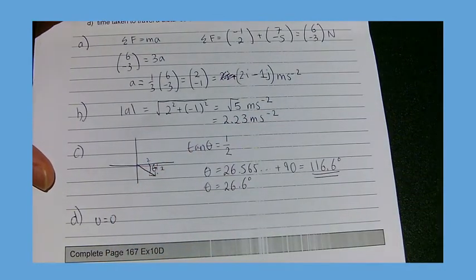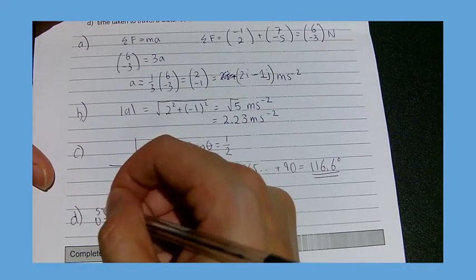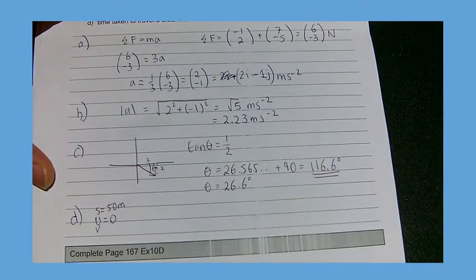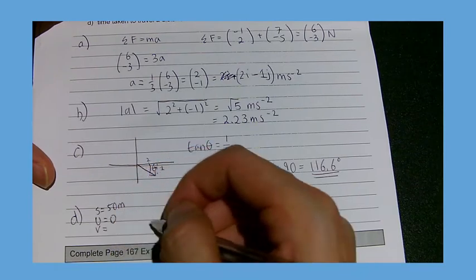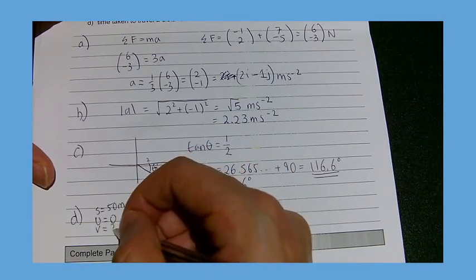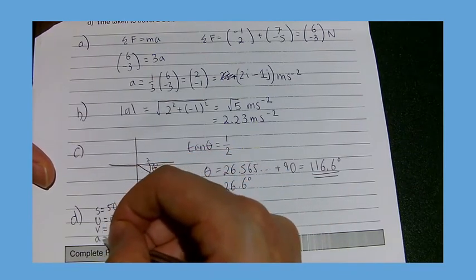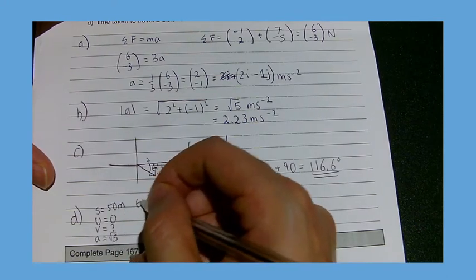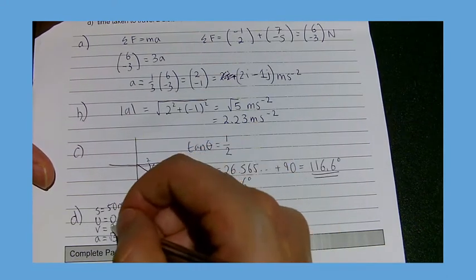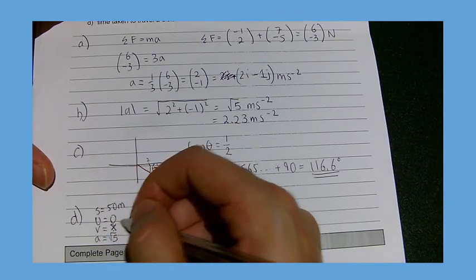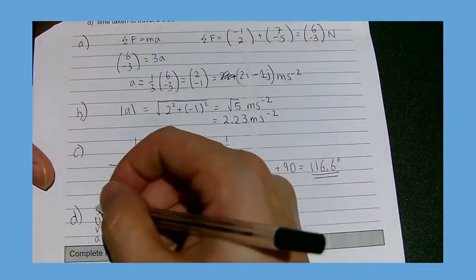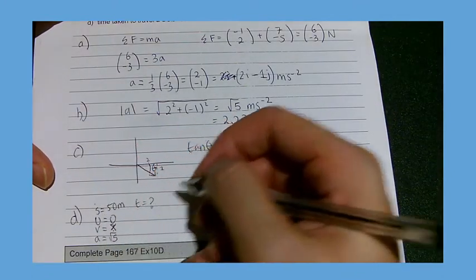We want the time taken to travel a distance of 50 meters. So it's beginning to look like a SUVAT question. We don't really know what v is, we don't want it. We've got an acceleration of root 5 and we need time. Again, we don't really want the final velocity. So we've got to think of a formula which links s, u, a and t.